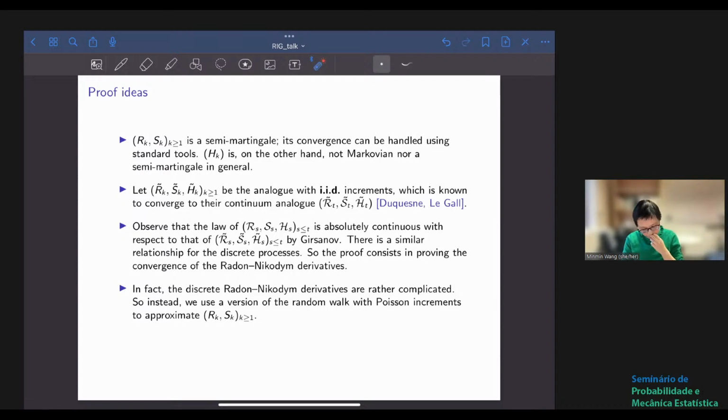So what helps us here? Things are a bit difficult because we don't have IID increments. You look at this R^k and S^k, they don't have exactly independent and identical increments. So let's change things a bit and consider a simple case where you do have IID increments.